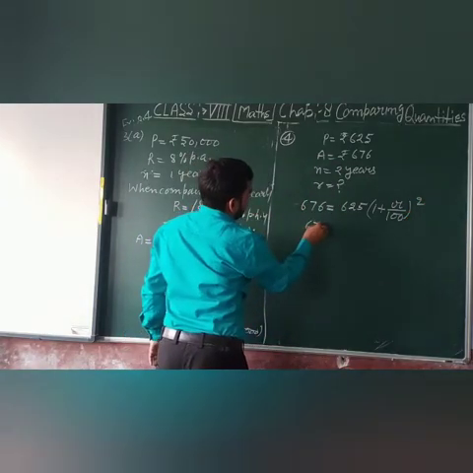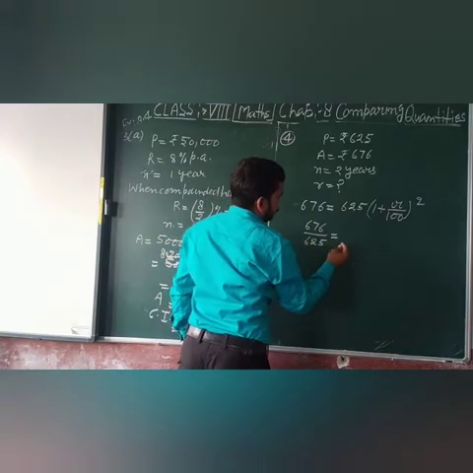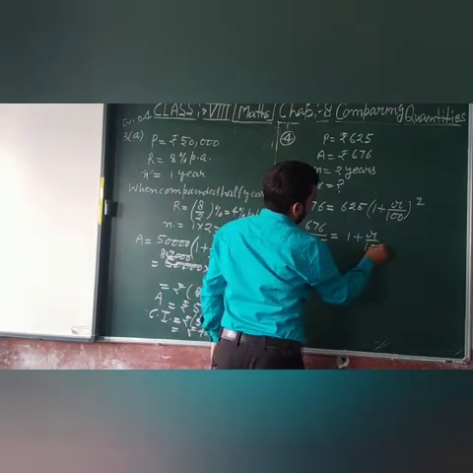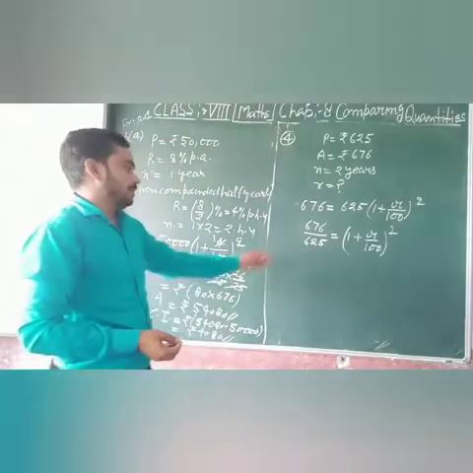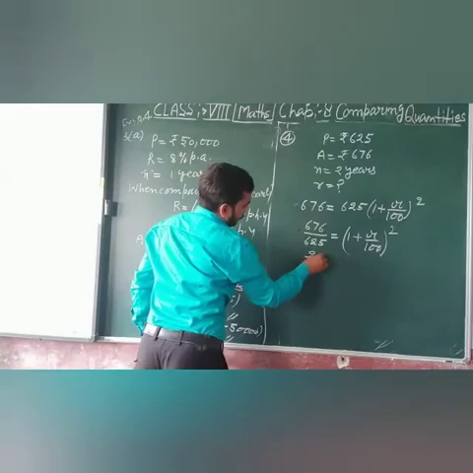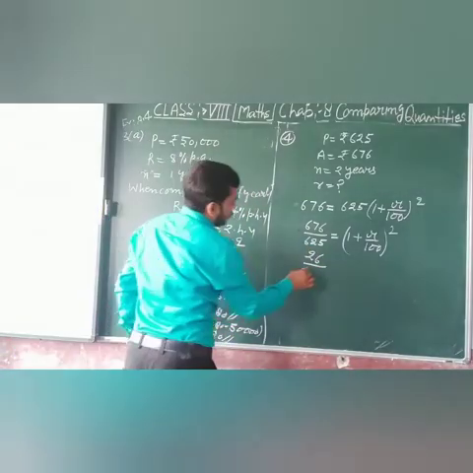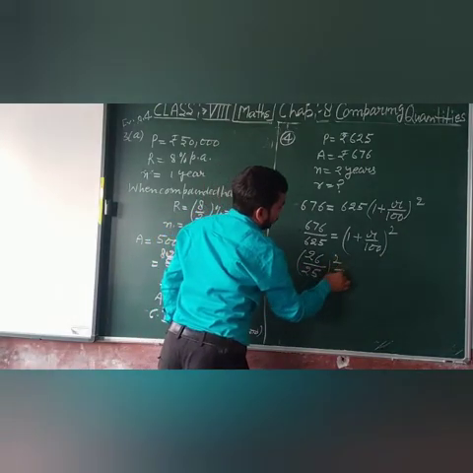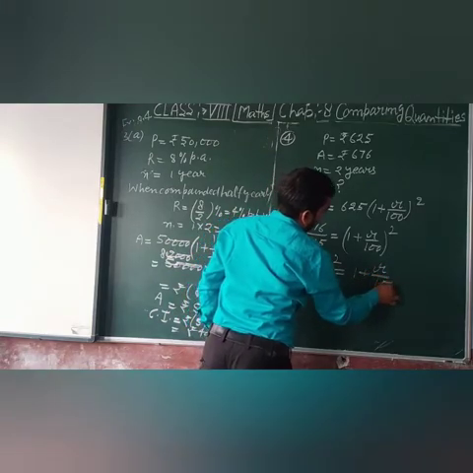So 676 divided by 625 is equals to 1 plus R upon 100 whole power 2. 676 is the square of 26 and 625 is the square of 25. So 26 upon 25 whole square is equals 1 plus R upon 100 whole power 2.